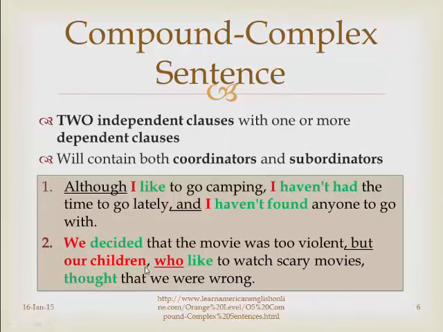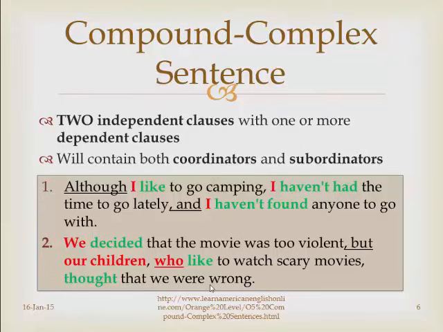Remember how between commas, these are like additional information. Without this, it would still make sense. Our children thought that we were wrong. This is additional information. So our children thought that we were wrong is actually the second independent clause.